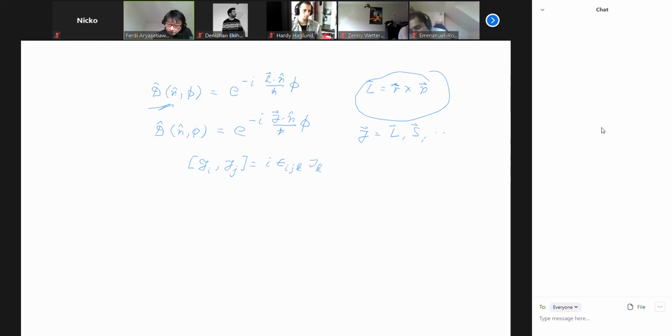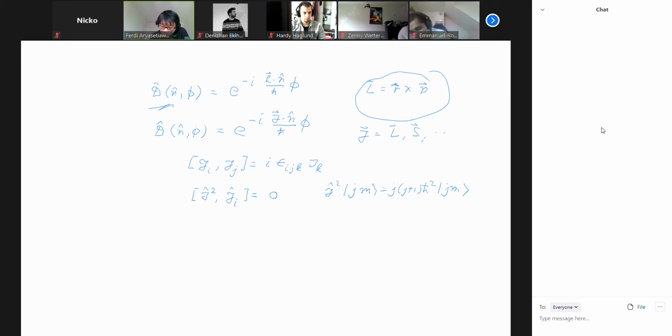Okay, like that. And we also know that J squared, so J squared is Jx squared plus Jy squared plus Jz squared, commutes with all the components of the angular momentum operator. So this allows us to have a common eigenstate, usually labeled with j, m. So that's j(j+1) h bar squared.